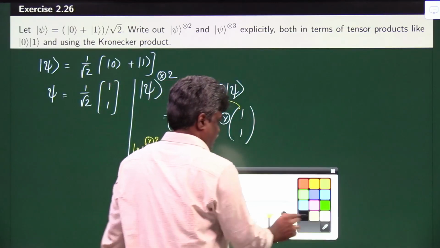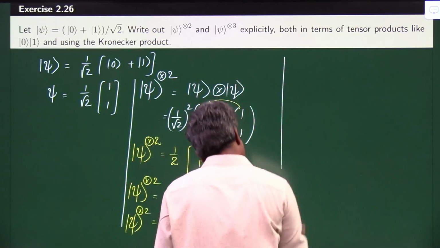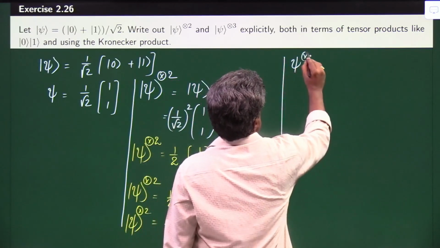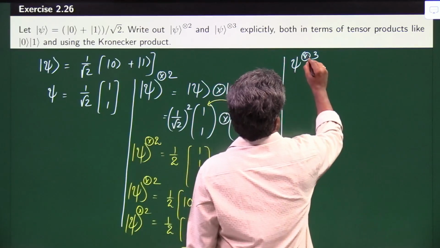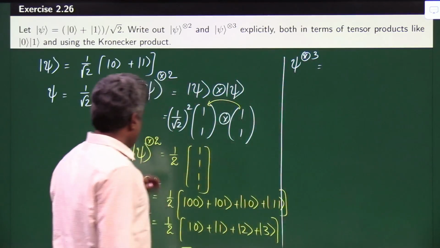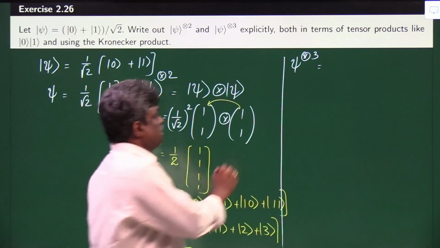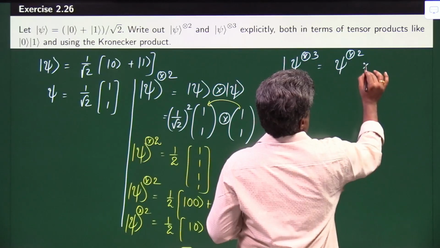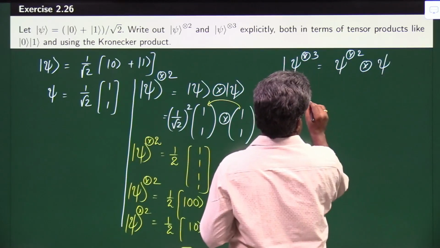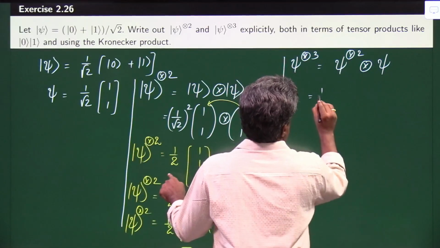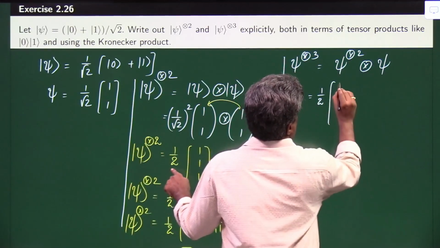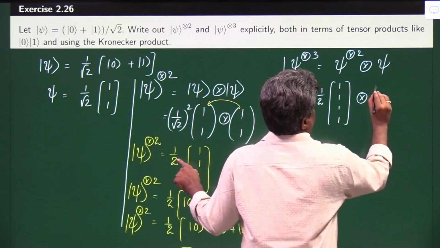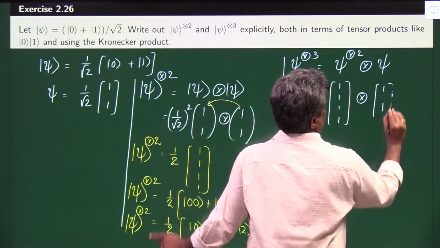Now he is asking the next one, that means 3 times tensor product. So what is this 3 times tensor product? Already we got the 2 times tensor product, so I can write this as 2 times tensor psi. And this one we already got as 1 by 2, 1, 1, 1, 1, and again tensor this 1, 1.